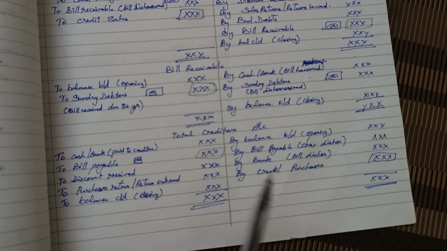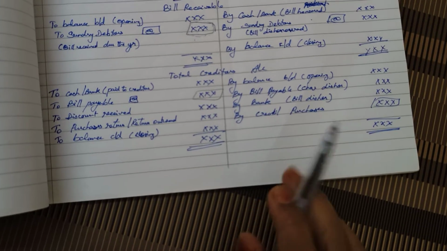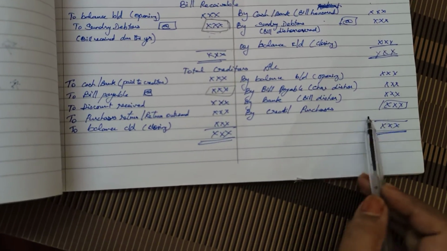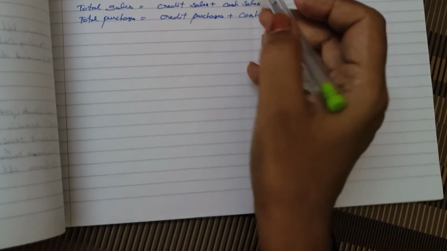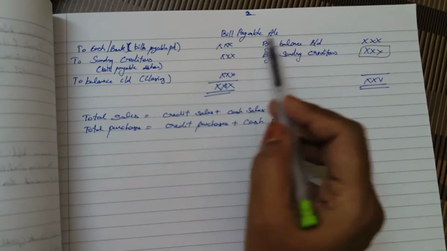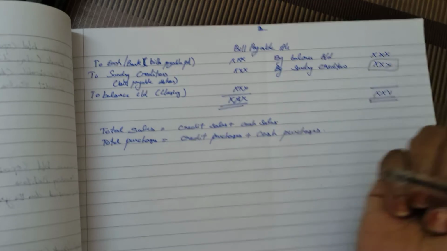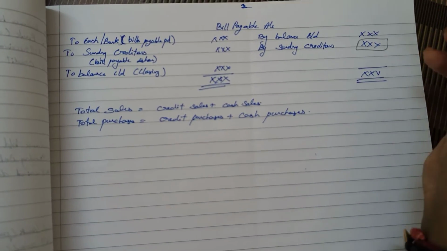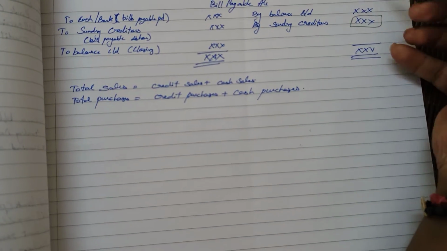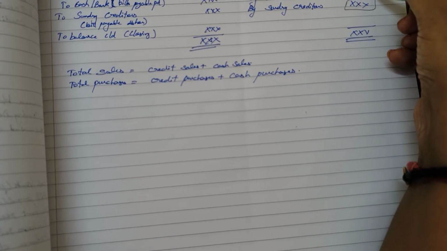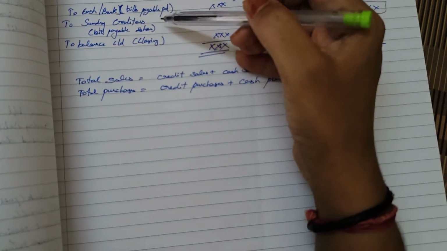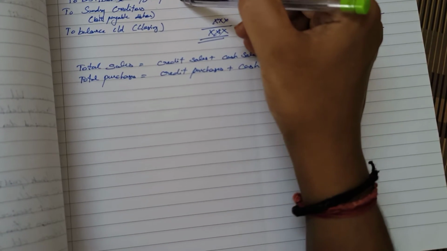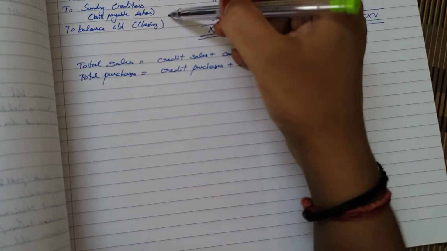In the same way, in the creditors account we are going to find out the credit purchase. For this you should prepare even the bills payable account. As I said, bills payable and creditors are your liabilities and will have a credit balance. So you will have two opening balances, then two closing balances, then cash paid against your bill and dishonor of the bill.